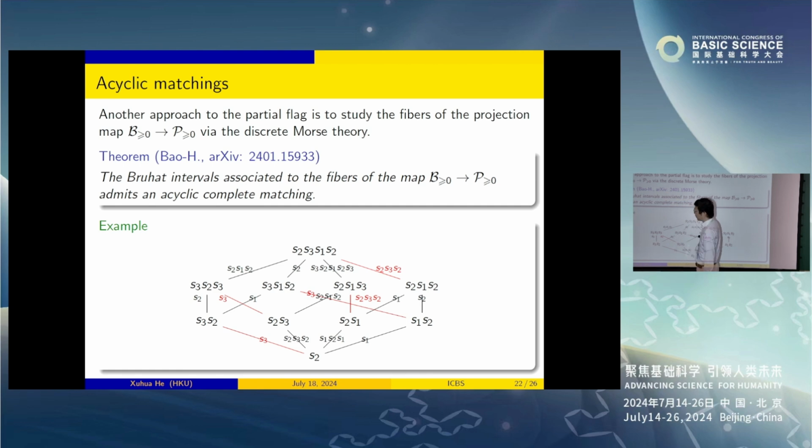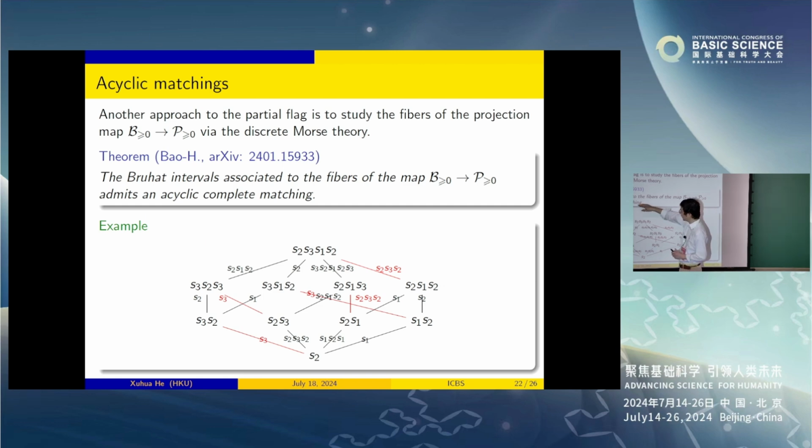This is a very recent preprint, again joint with Huanchen Bao. The key result is to understand the fibers. We know the fibers are unions of cells, and we understand these cells, and there's a combinatorial property.